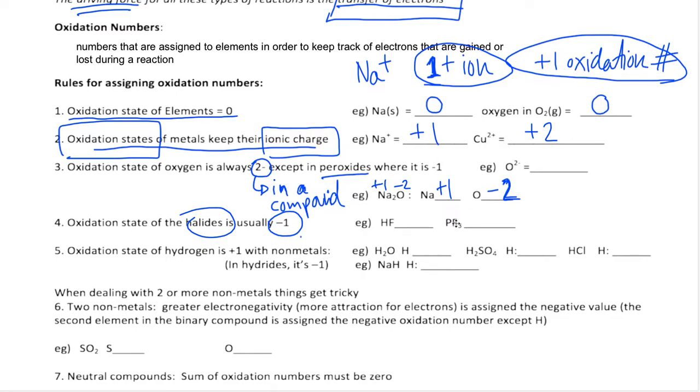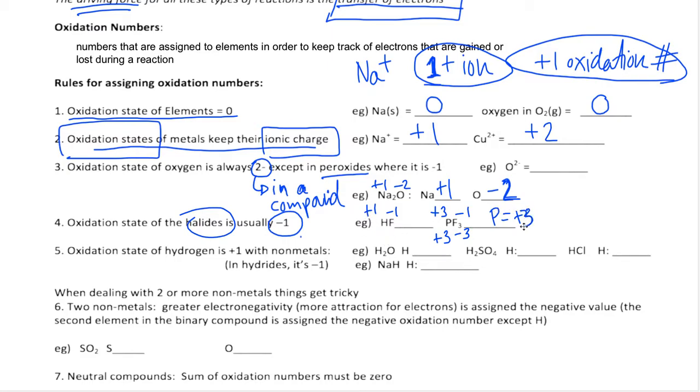So in this HF, the F is -1 and the H is +1. For here, the halide is -1 and the P is +3, because 3 times -1 is -3, so we need a +3 for the P. So P equals +3 and H is +1 here.